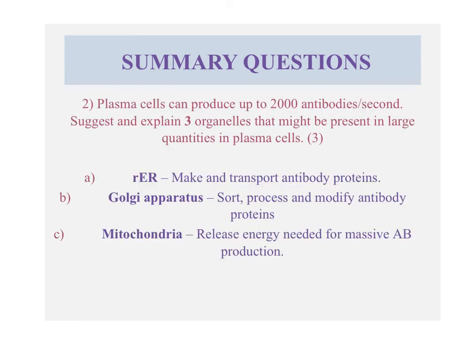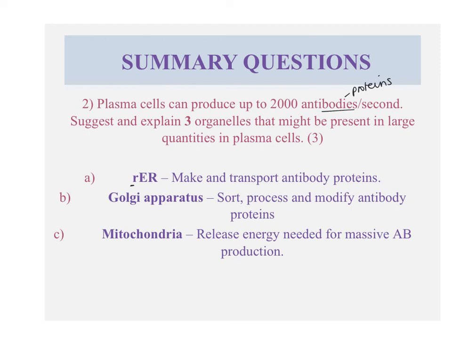Now, this plasma cells question, suggest and explain 3 organelles that might be present in large quantities in plasma cells, is all to do with the fact that those antibodies are proteins. So you need to think very specifically about which organelles are going to be key and super responsible for making vast quantities of proteins. So firstly, you needed to say the rough endoplasmic reticulum. They're there for making and transporting the antibody proteins.